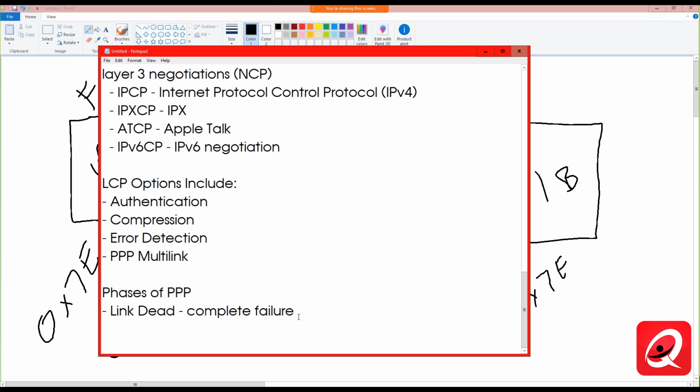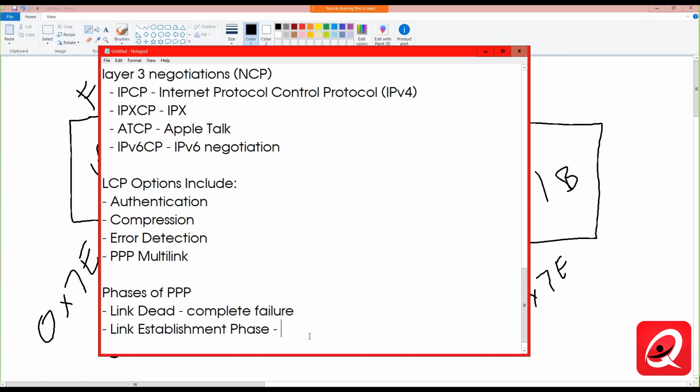of PPP. All right. The other is the link establishment phase. And as you can imagine, this is where LCP is trying to negotiate the status of the link.